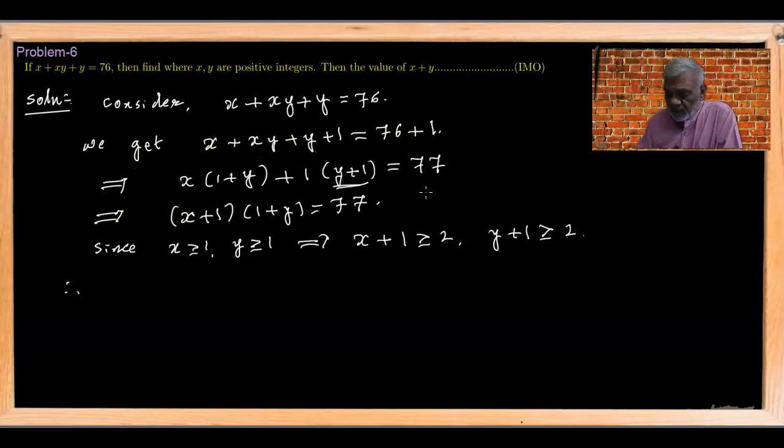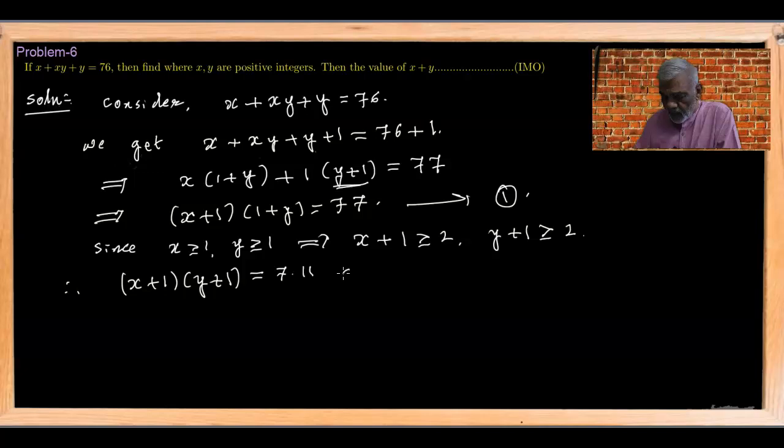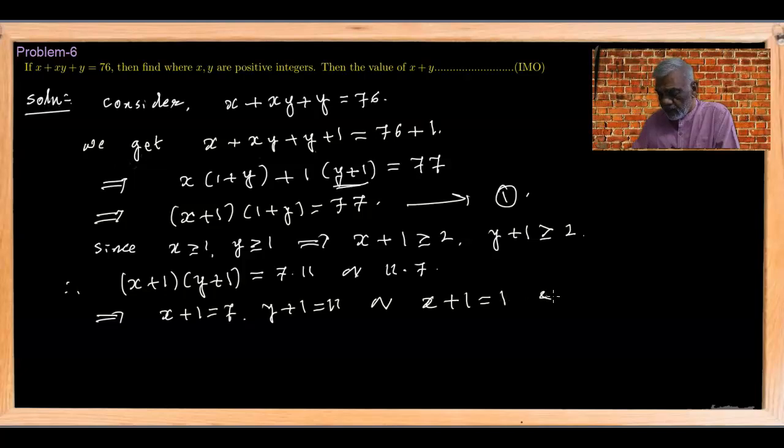And therefore, from equation 1, we can write x plus 1 into y plus 1 is equal to 7 into 11 or 11 into 7, and therefore x plus 1 is equal to 7, y plus 1 is equal to 11, or x plus 1 is equal to 11 and y plus 1 is equal to 7.